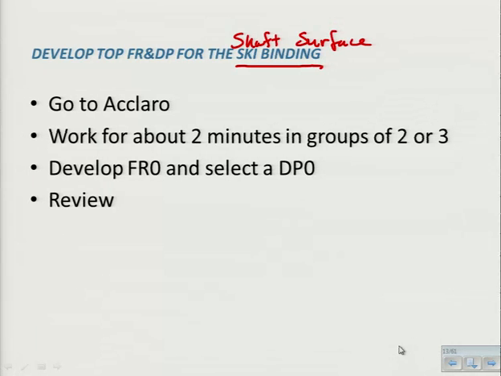So go to that shaft surface problem for the rotary lip seal and say, all right, so what is the top FR and the top DP for the rotating lip seal? And so yesterday, in the other lecture, it was what are the customer needs.